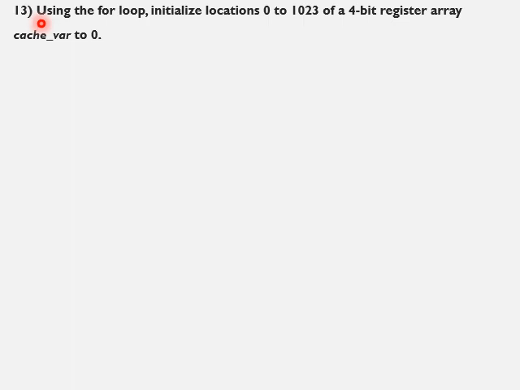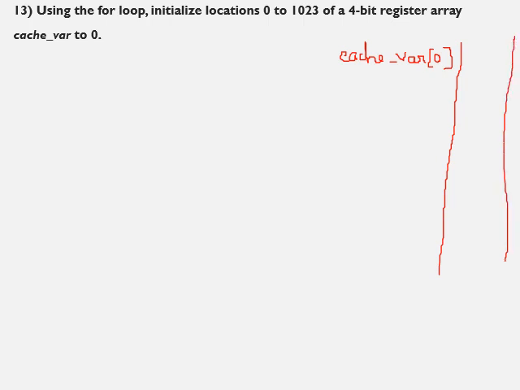Next question. Using the for loop, initialize locations 0 to 1023 of a 4-bit register array cache variable to 0. So the question is to initialize the array. Here we have an array called cache_var. The first location is cache of 0.